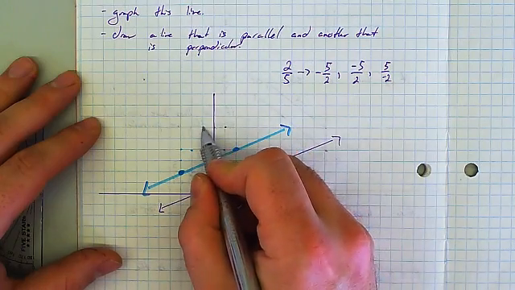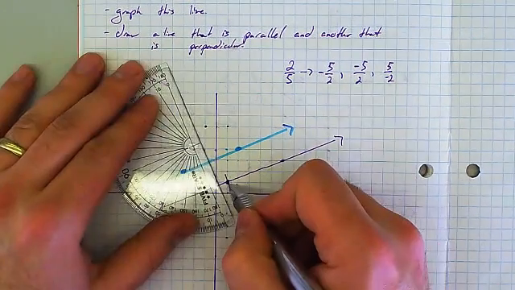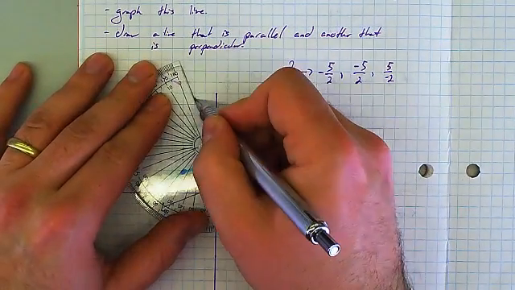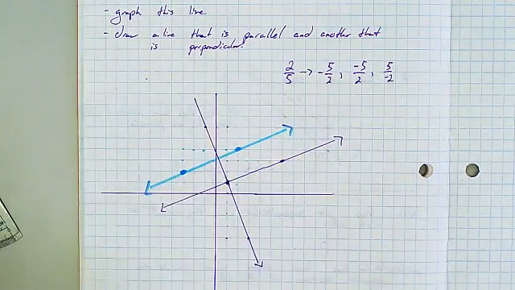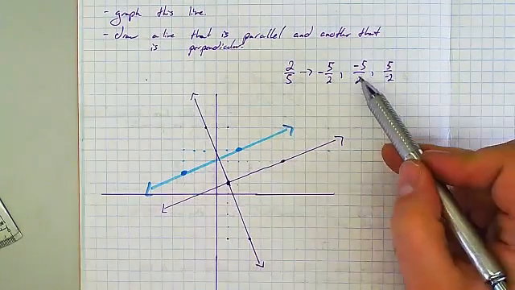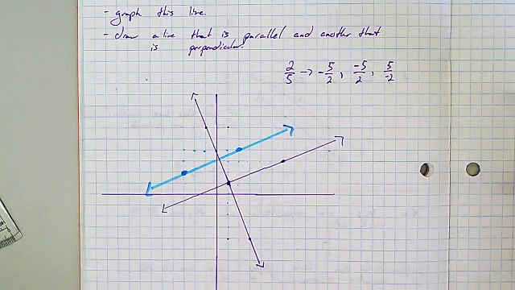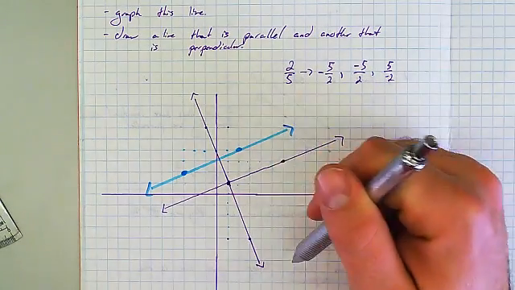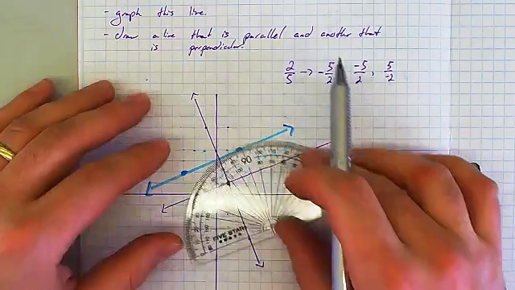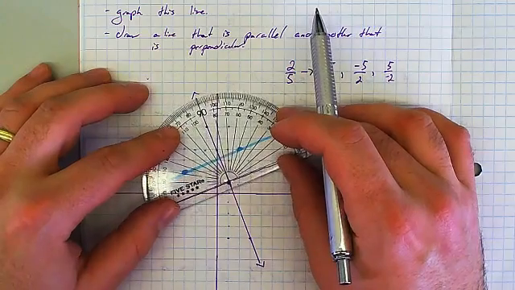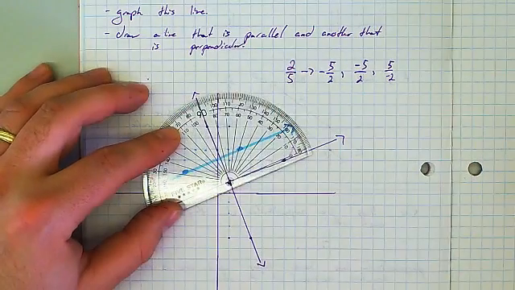You'll notice that your two lines will be the exact same. So it doesn't matter if you go negative 5 over 2 or 5 over negative 2. It's the same slope. This is the reciprocal. This is basically your perpendicular line, because if we look at it with our protractor, it is exactly 90 degrees.